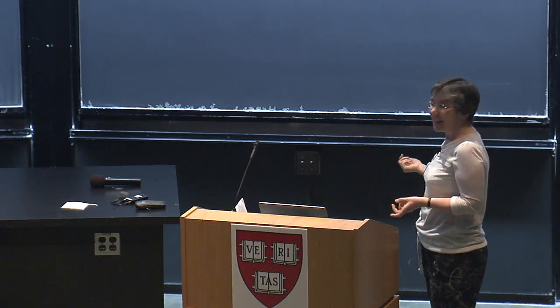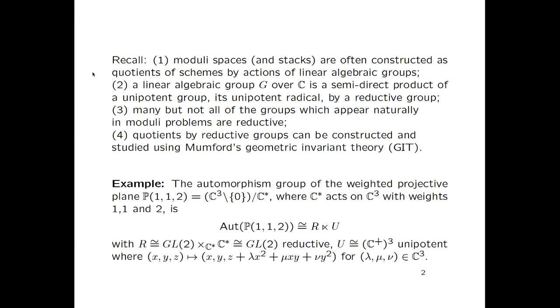Of course, in algebraic geometry, moduli spaces and moduli stacks typically can be constructed as quotients of schemes or varieties by linear algebraic group actions. And any linear algebraic group has a unipotent radical, a maximal normal unipotent subgroup, with the quotient being a reductive group.